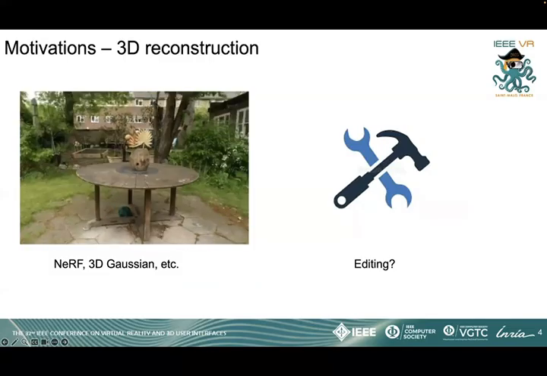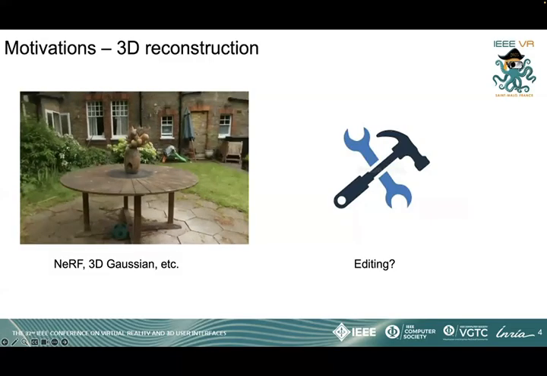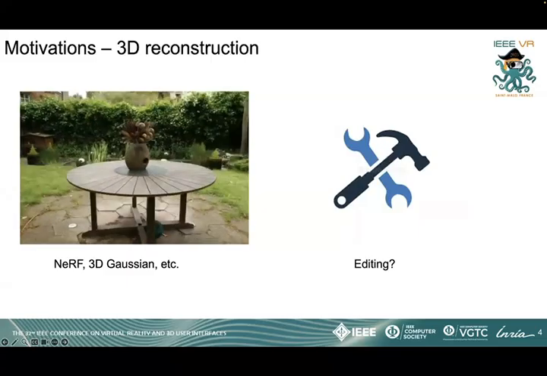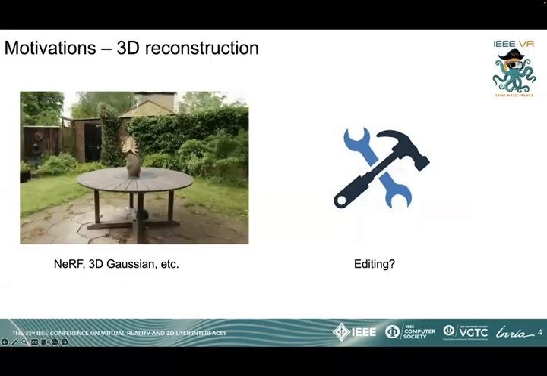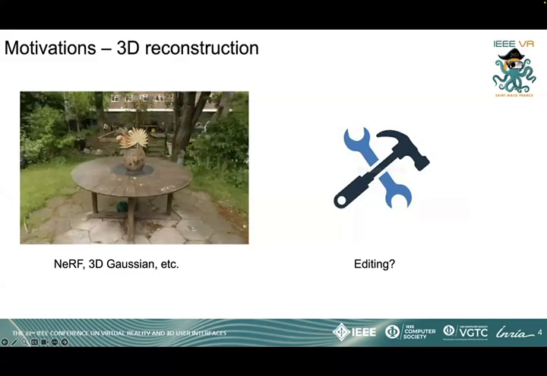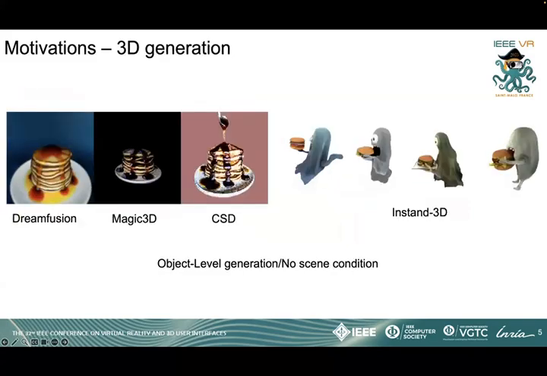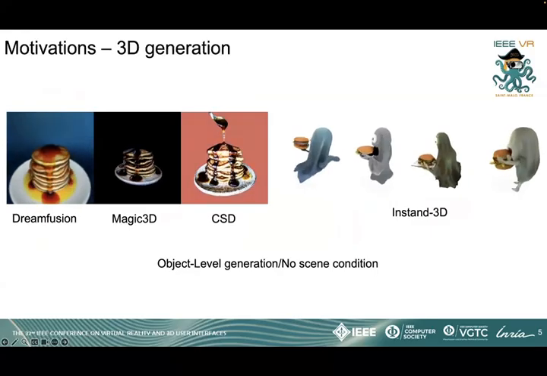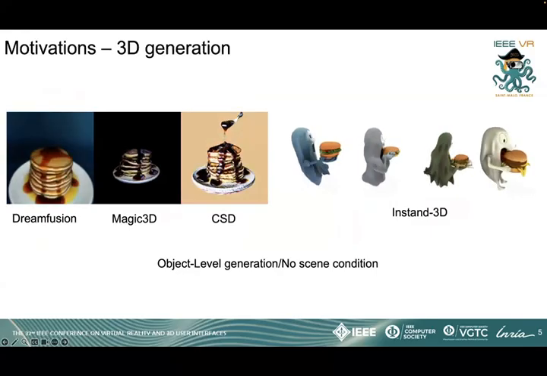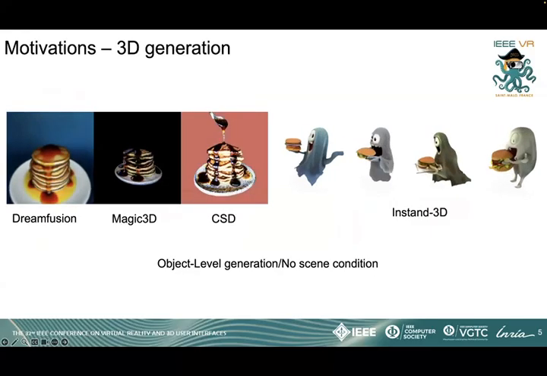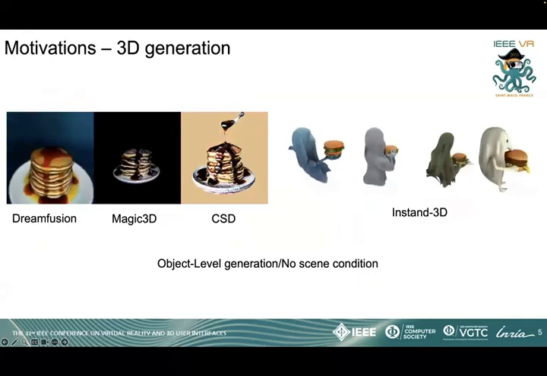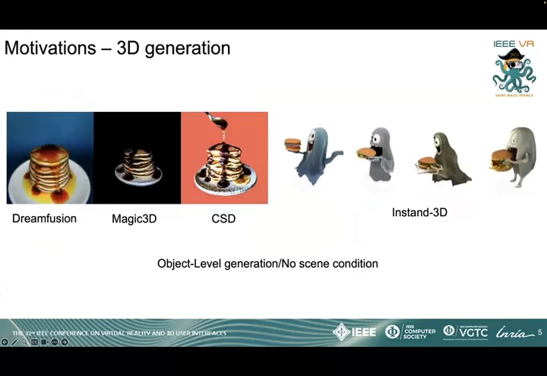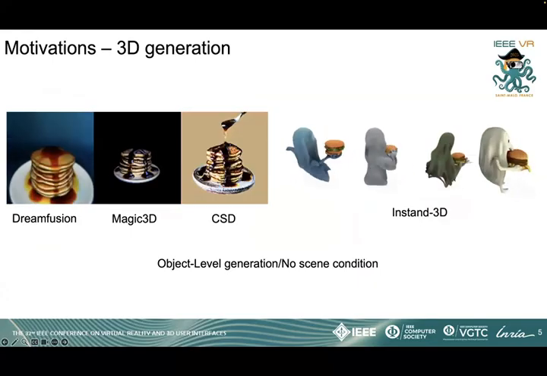However, the reconstructed 3D scenes are not always satisfying, and editing ability is highly desirable. Moreover, 3D generation has made great progress, but it focuses on individual object generation, and generation conditioned on 3D scenes is still underexplored.